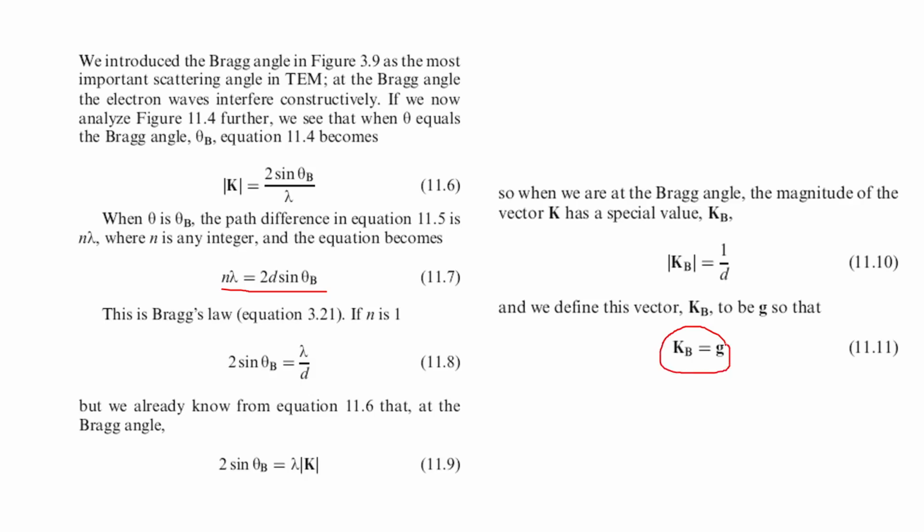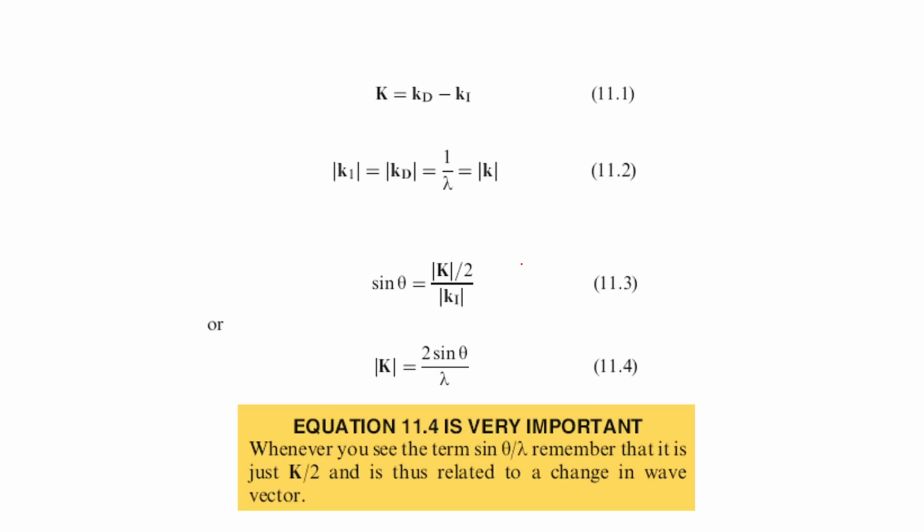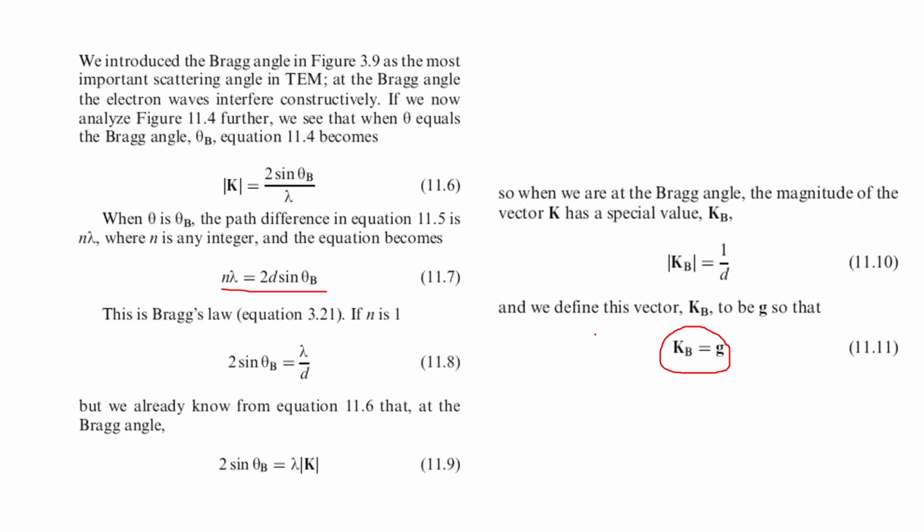So basically, if you are comparing Bragg's equation with the vector addition of this triangle, where Ki is your incident radiation and Kd is your diffracted radiation, which have a 2 theta angle between the two, then you can get that Kb is equal to 1 by d, where 1 by d is given by the vector g.